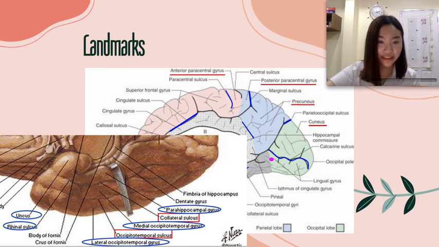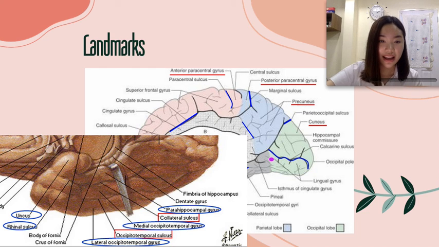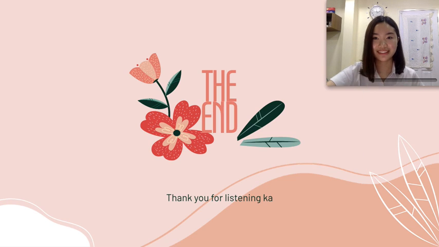To see it in an easier view, we can see that the uncus is just above the rhinal sulcus underneath. And the rhinal sulcus separates the parahippocampal gyrus from the fusiform gyrus. And in this picture, you could also see the medial occipitotemporal gyrus, the occipitotemporal sulcus, and lastly the lateral occipitotemporal gyrus, which are all important. Thank you.